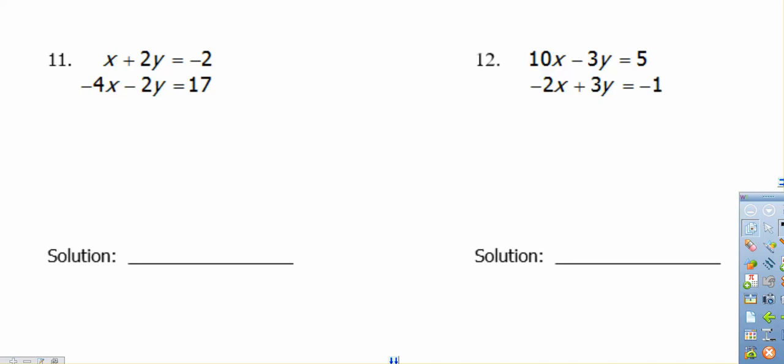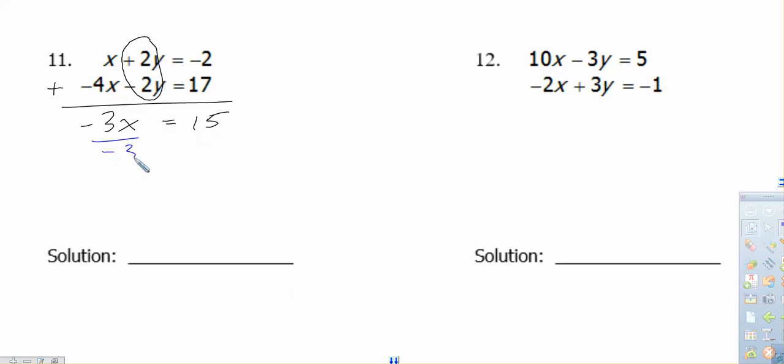Okay. Next, two zero pairs. We have a zero pair in the y's right here, which will give us, when we add these together, negative 3x equals 15. Divided by negative 3, we have x equals negative 5.